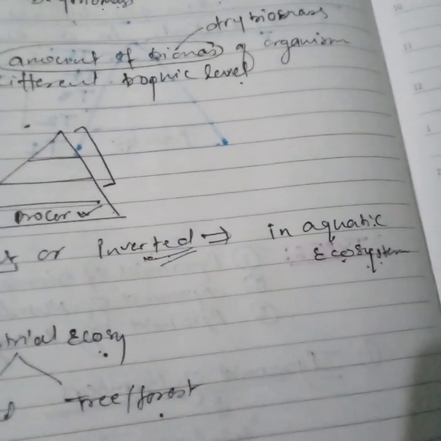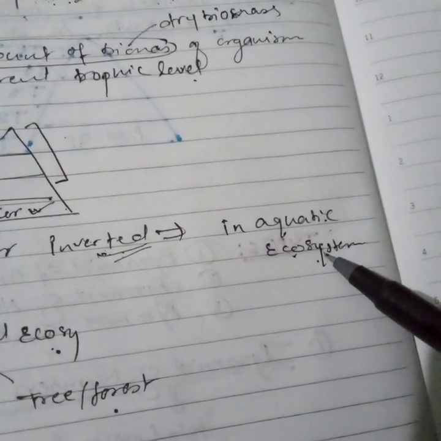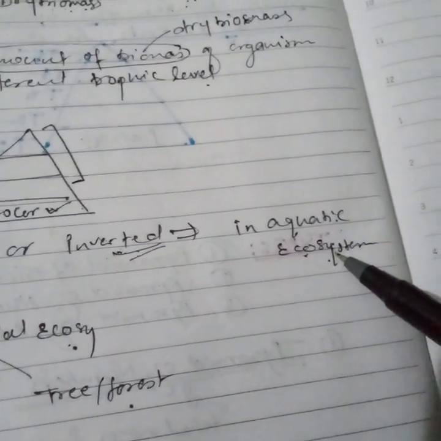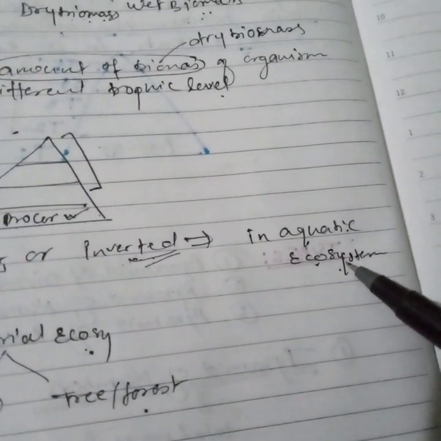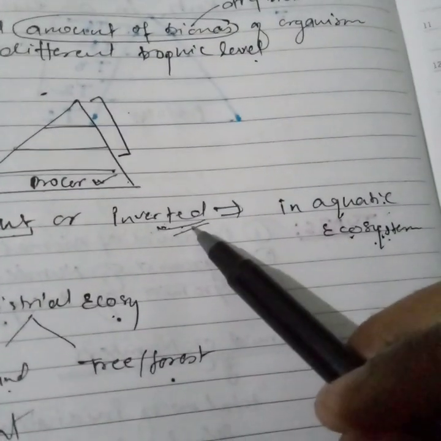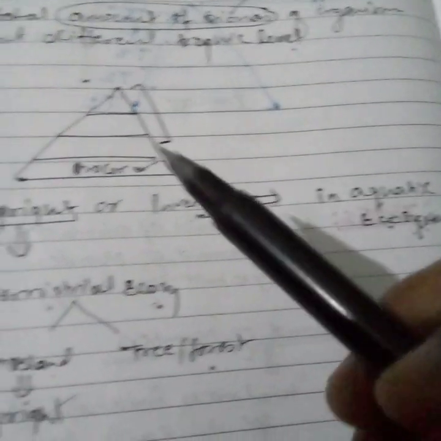That's why the producers of aquatic ecosystem are phytoplanktons, which have a smaller size and contain less biomass as compared to the consumers. That's why it shows the inverted pyramid of biomass.